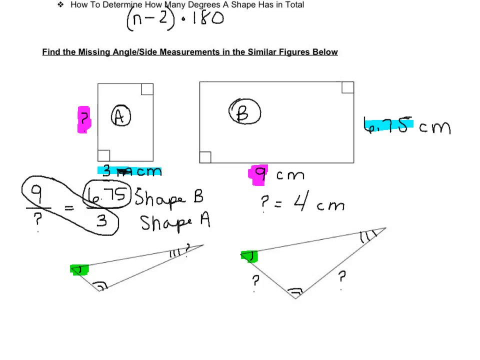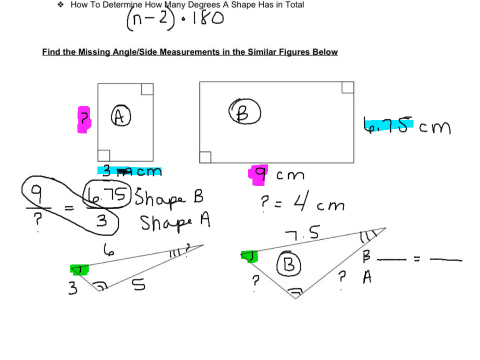All right, let's start with finding the unknown lengths. We need to start by doing a proportion. Let me first fill in my values here. And these are all in centimeters, so I'll make sure to add my label at the end. So to set up a proportion, I'm going to set up my starting point, and I need to have shape B on the top, shape A on the bottom.